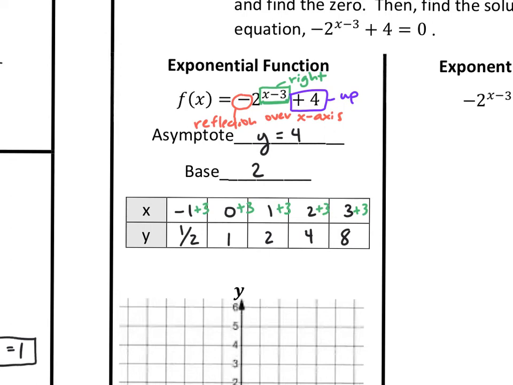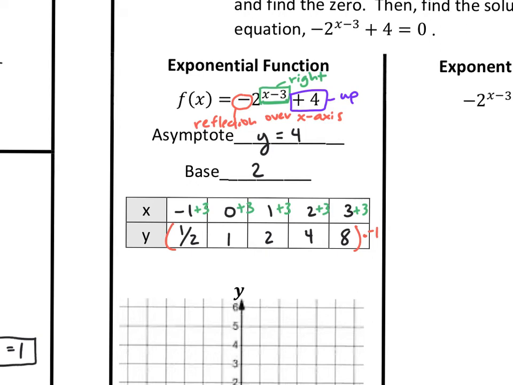What's going to happen to the y values? Well, the reflection over the x-axis is going to affect the y values, and moving up also affects the y values. So the reflection means I'm going to multiply all my y values by -1.